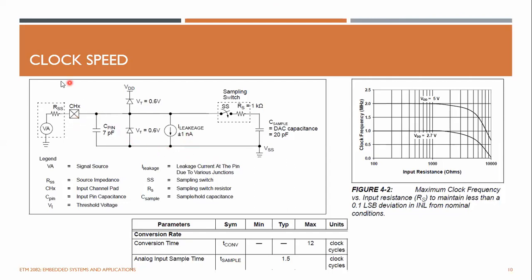So this slide shows the typical input pin of an ADC channel of this device. Here, this is your voltage input. The analog signal comes to this channel, which could be channel 0, 1, 2, up to 3. Whatever this voltage signal is, it should come as a voltage source with a series impedance.